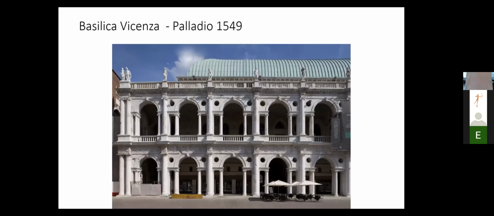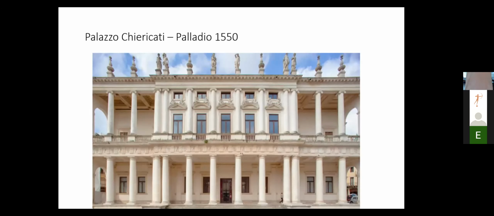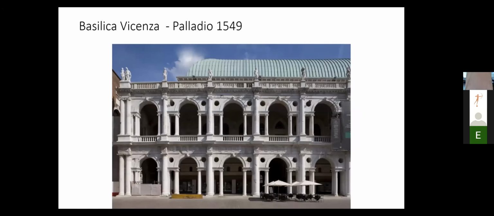So for the most part, Palladio is expanding on Serlian arches into his language of, this is Basilica Vicenza, but you can clearly see that the classical orders are superimposed with the wall surface and, of course, the Roman arches, which we've seen earlier in the class. So in the span of about 10 years, he's able to reference Greek space and structure and, of course, Roman space and structure.